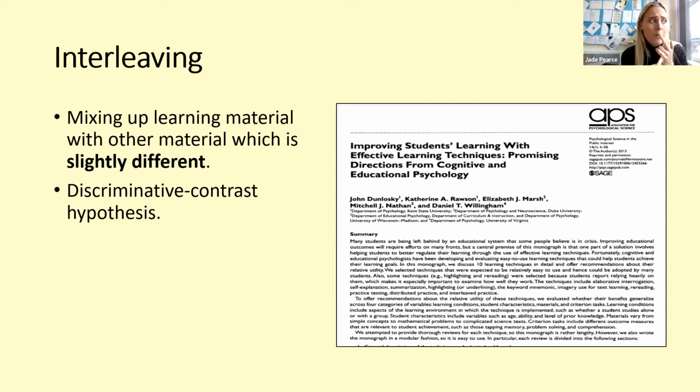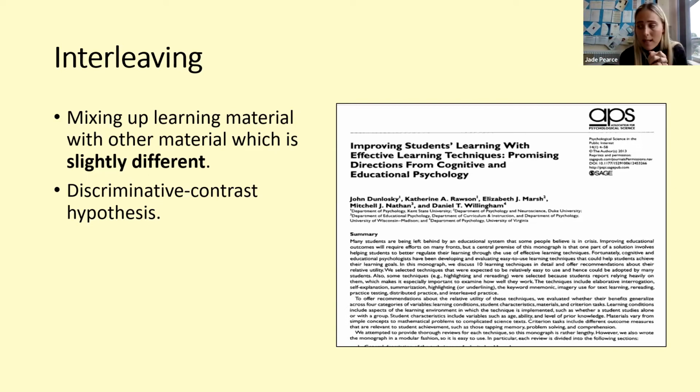So, for example, when we teach interest rates and exchange rates in business studies, pupils confuse those two topics because they're both about money and they've both got the word rates in. Interleaving is where you mix up questions on exchange rates and interest rates, because those two things are similar.